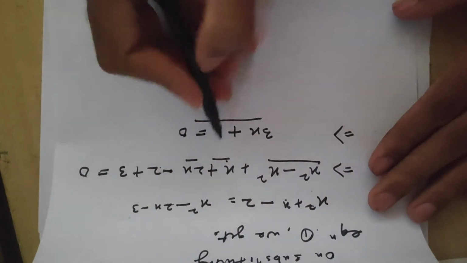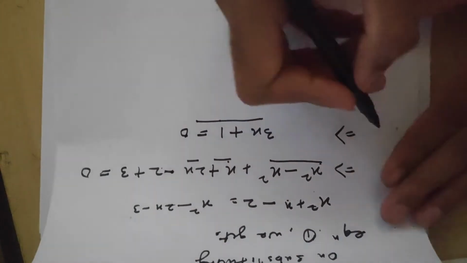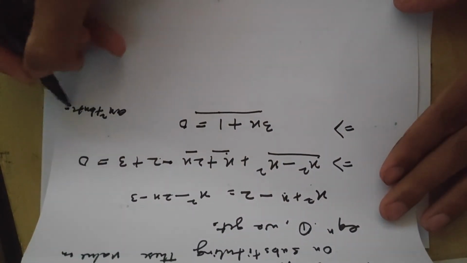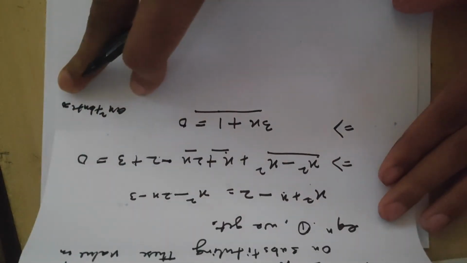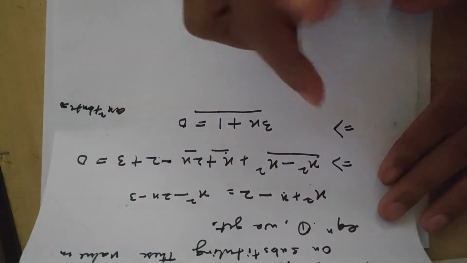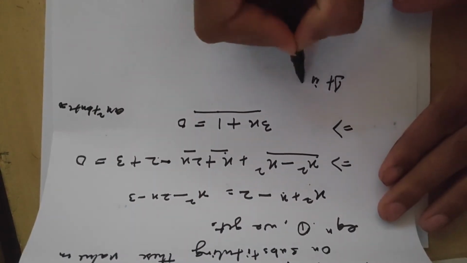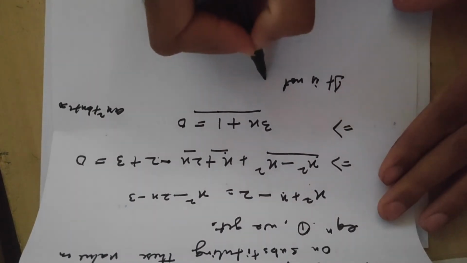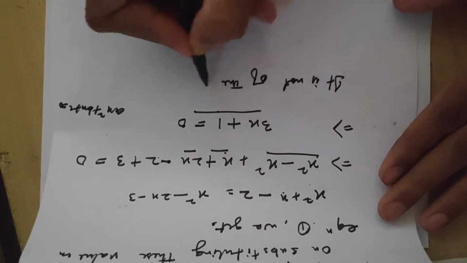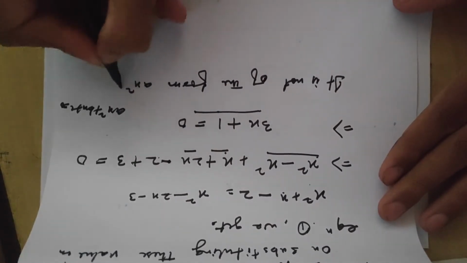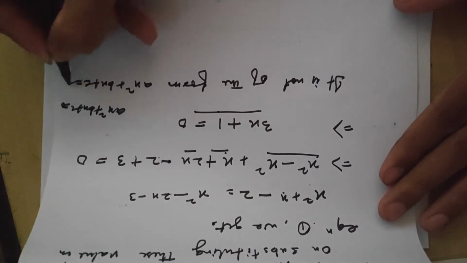Is this in the form of ax square plus bx plus c equal to 0? Is this in the form? No. So we can write it is not of the form ax square plus bx plus c equal to 0.